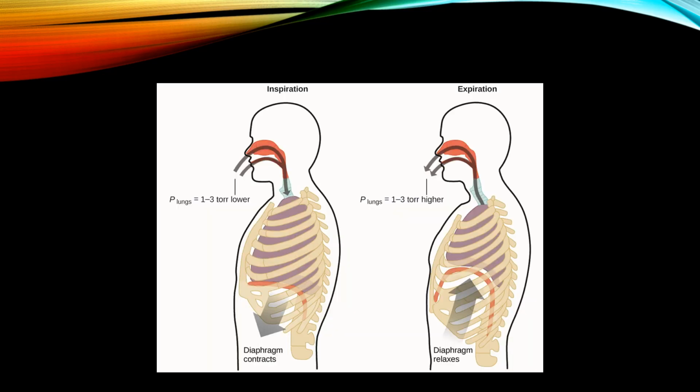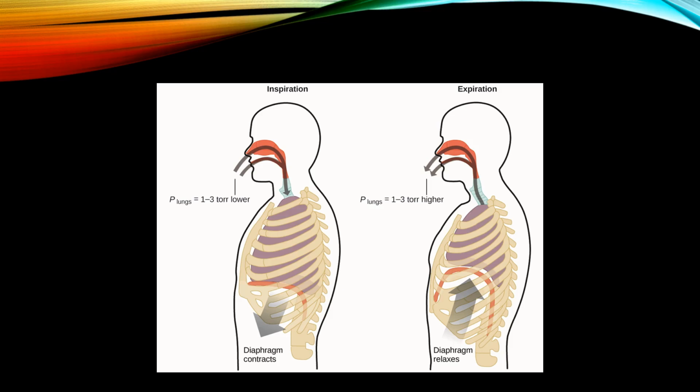A good example of this is how we breathe. We are surrounded by about 1 atmosphere of atmospheric pressure, or 760 torr. And when we breathe, our diaphragm contracts. And what this does is it increases the volume inside our chest cavity. That makes the pressure inside our chest cavity lower than the atmospheric pressure.